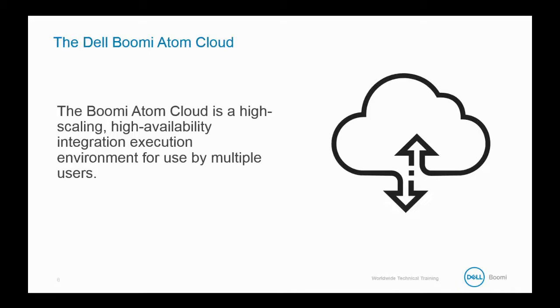The Dell Boomi Atom Cloud is a high-scaling, high-availability integration execution environment for use by many users. Dell Boomi limits the number of simultaneous production executions an account can run on one Atom Cloud to make sure no account accidentally monopolizes the Atom Cloud or blocks other accounts' access to them.